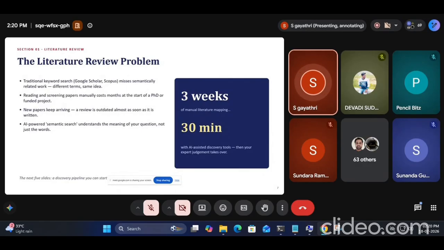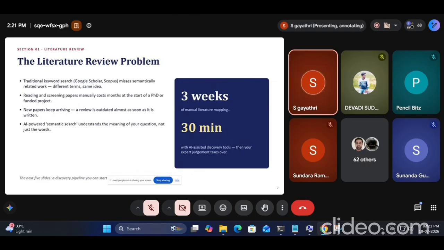So what AI does is help you find exactly the research paper which is relevant to your topic and idea. If another research group calls the same concept by a different name, you will simply never see their work. So that way the AI saves your time.